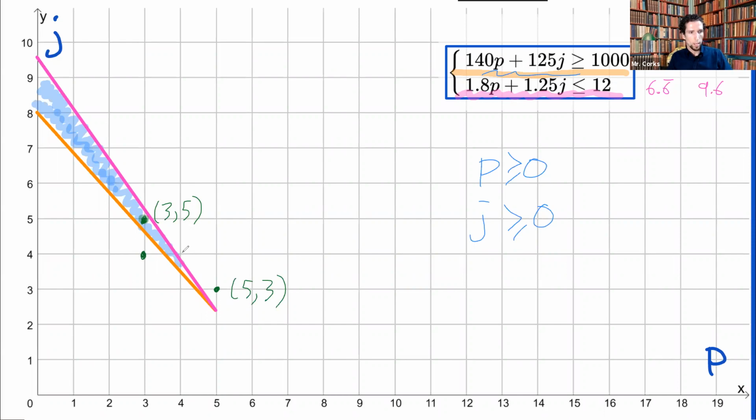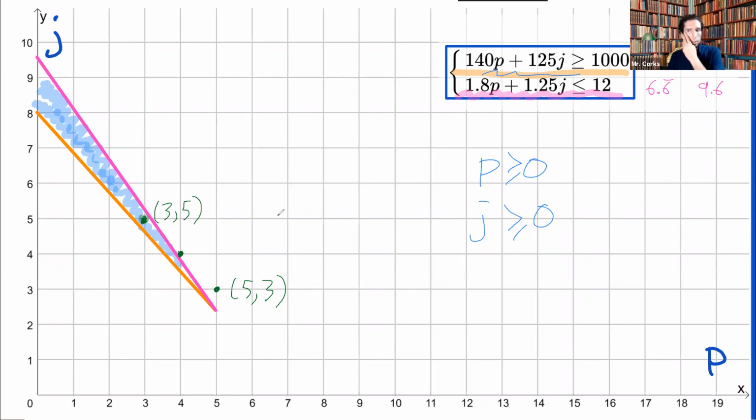Our graph looks like it's outside. What we should probably do is take that point and put it into our inequalities and test. It may or may not be within the pink one, but if our lines are good enough, it actually looks like that's not included.